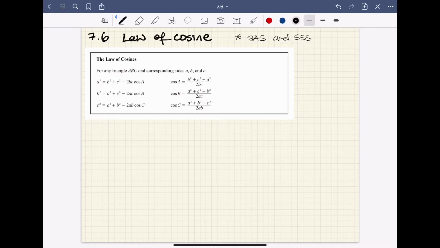So let's take a look at the formula. Let's maybe pick this one. Okay, so a squared is equal to b squared plus c squared minus 2bc cos A.